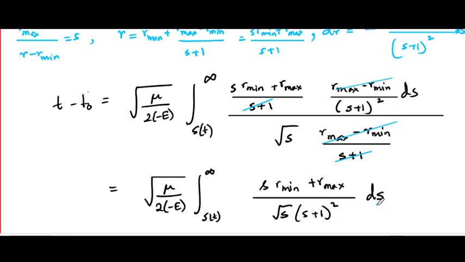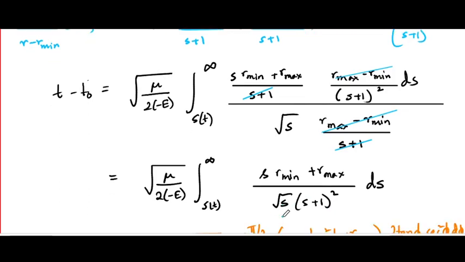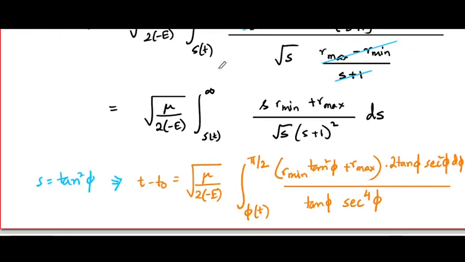The next substitution that we carry out is not the same one that we did for the orbit, but again, it's motivated by the same basic idea. You just set s equal to tan square phi, which makes this sec square phi, and the whole thing of course sec to the power 4 phi, and this simply becomes tan phi. So we plug that in, remembering to change the limits: the infinity becomes pi by 2, the s of t becomes phi of t, where tan square phi of t is s of t.